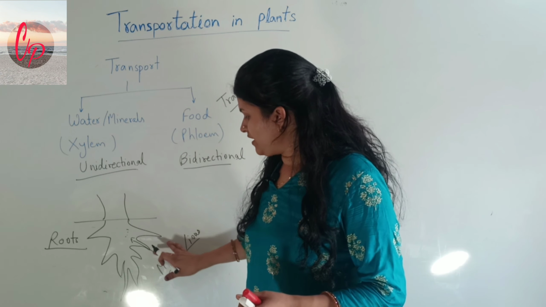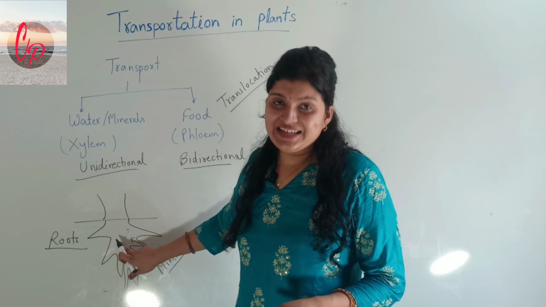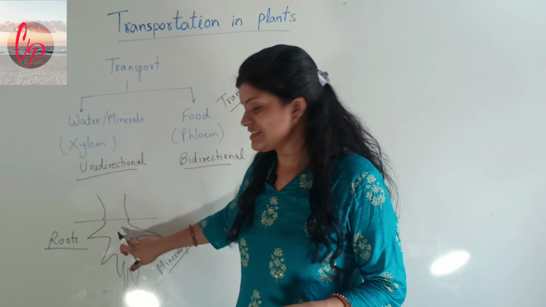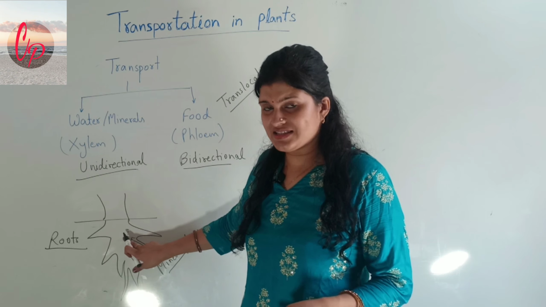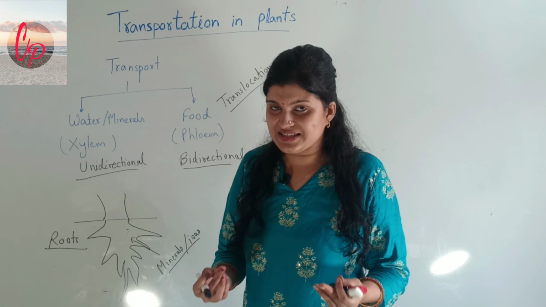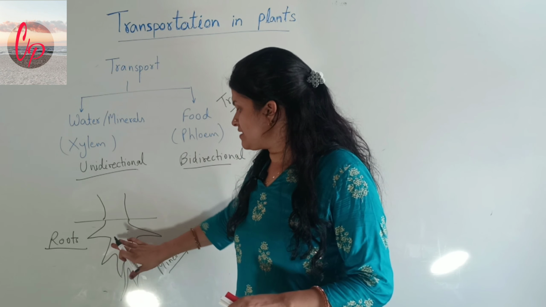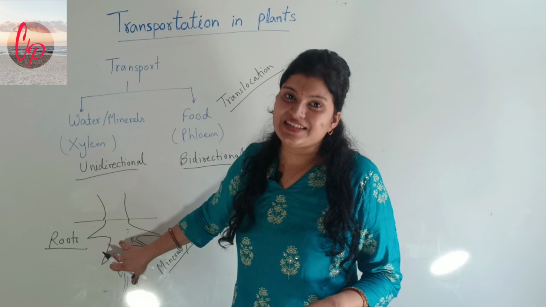So what will happen here, as the minerals will be absorbed, their concentration will be increased here. In this region, their concentration will increase. This simply means as the concentration of solute is increasing, the concentration of solvent is decreased. That means the concentration of water will be decreased here.